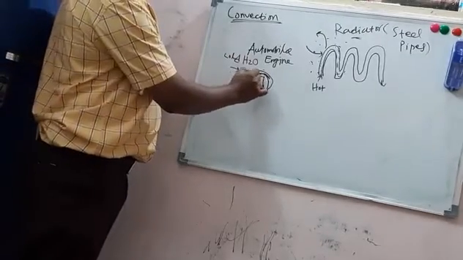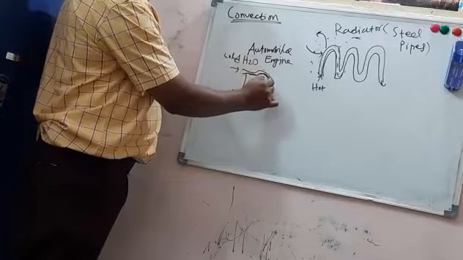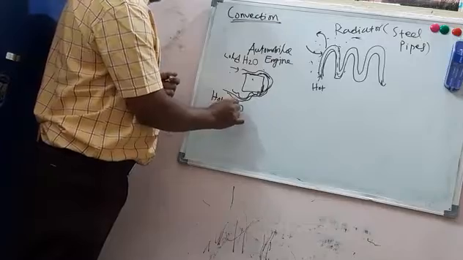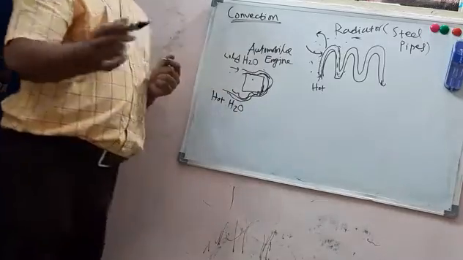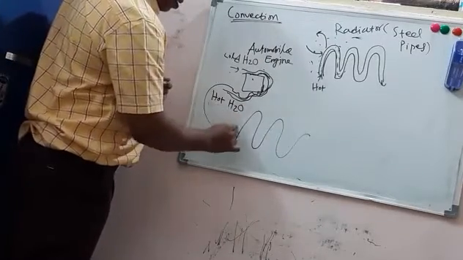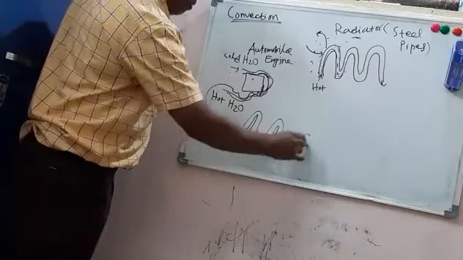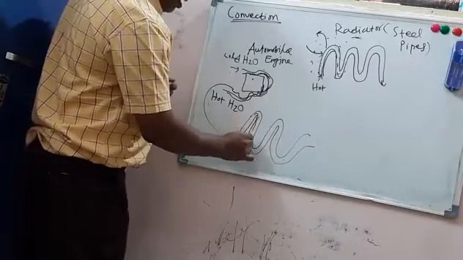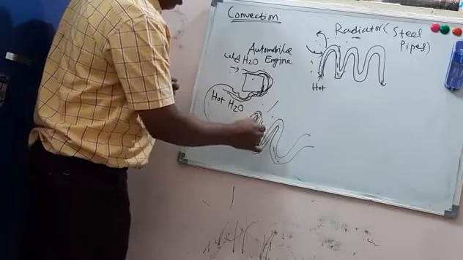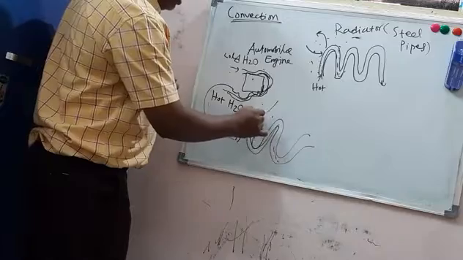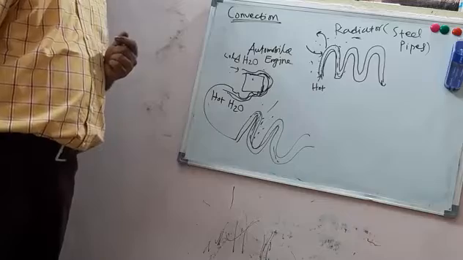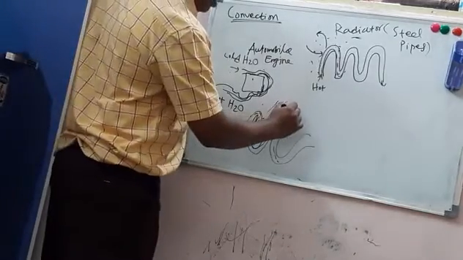So in such a way, cold water turns into hot water, and this water goes to the radiator setup, where the hot water radiates heat energy to the outer atmospheric environment by means of convection current.